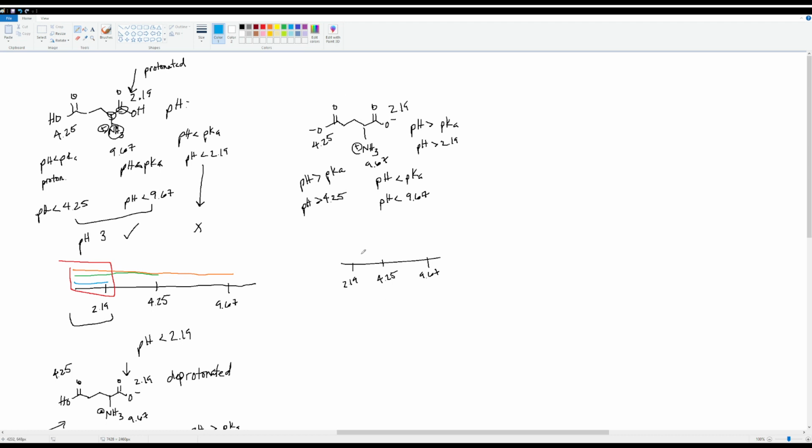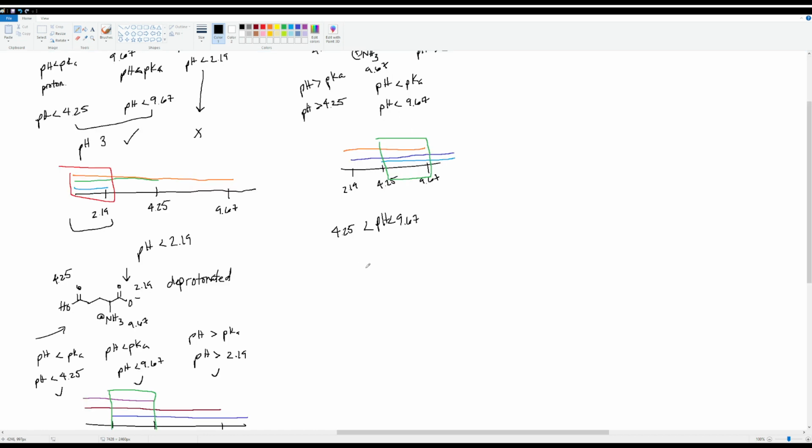We know it must be greater than 4.25, must be greater than 2.19, and it must be less than 9.67. So my overlap is here. So my pH is going to be between 4.25 and 9.67. Okay, and then the final one.